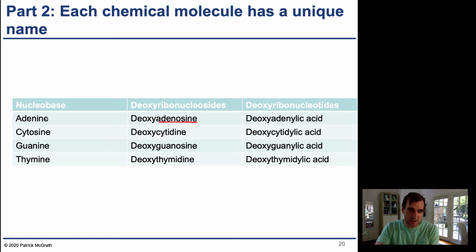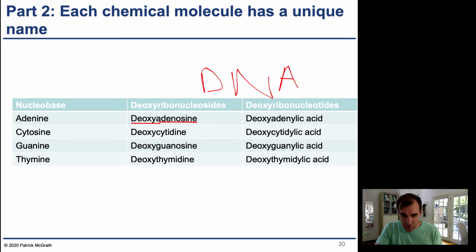Because this adenine can either be bound to a ribose sugar or a deoxyribose sugar, this is just telling you this is part of DNA. So both of these naming schemes are for DNA type molecules. The cytosine becomes cytidine, guanine becomes guanosine, and the thymine becomes thymidine. And of course the deoxy is appended to above.